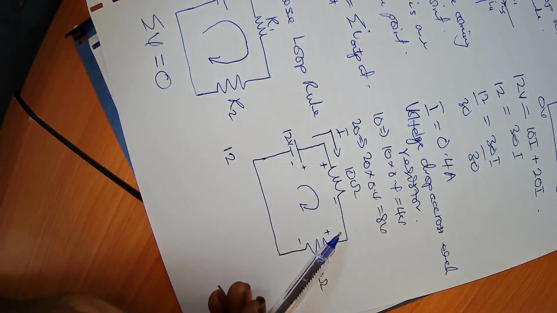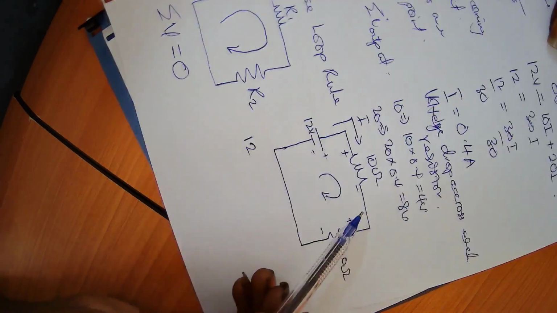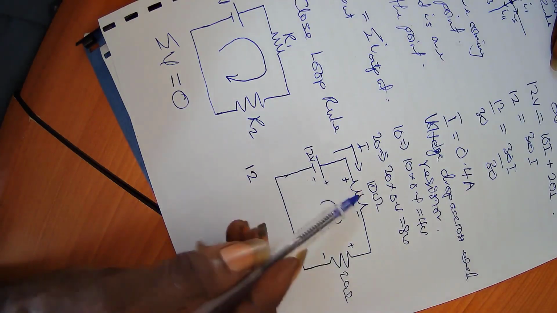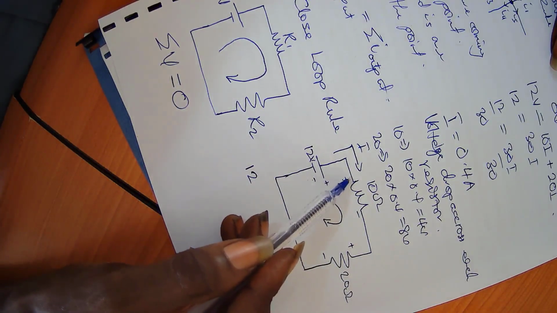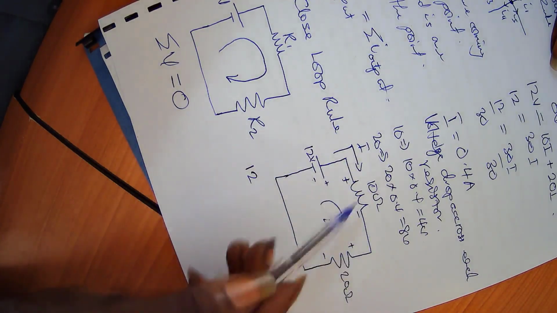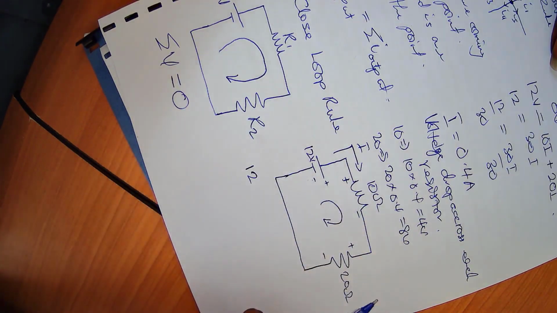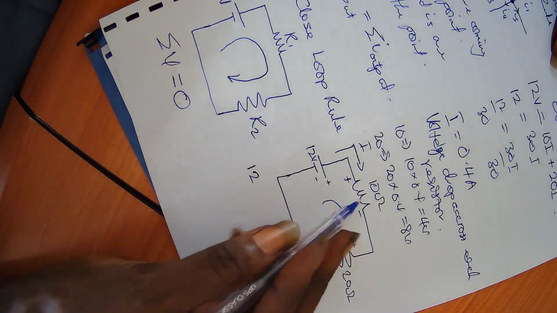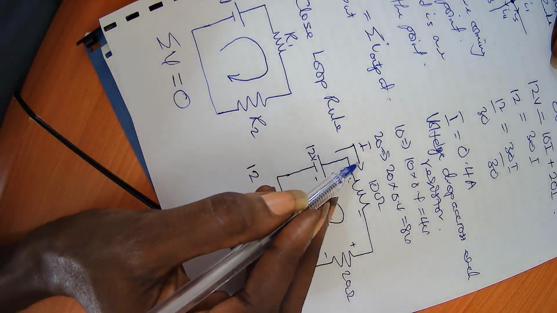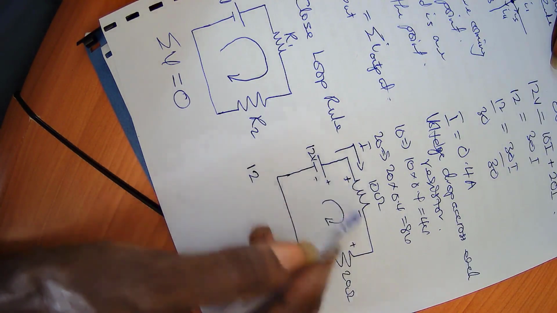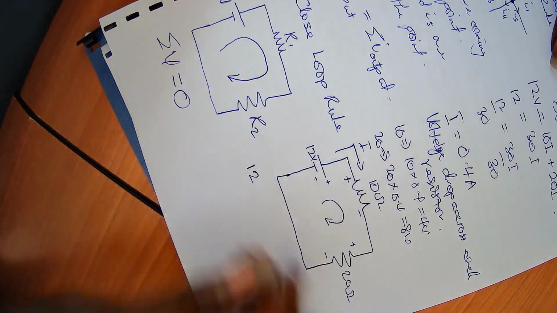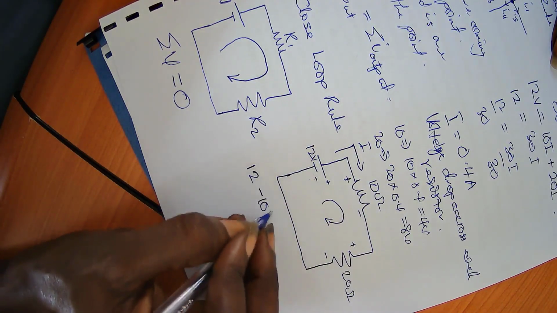Whenever we are moving in the same direction as the current, you will have a voltage drop, and that will be given a negative sign. So across this 10 ohm, I'll have negative 10I.